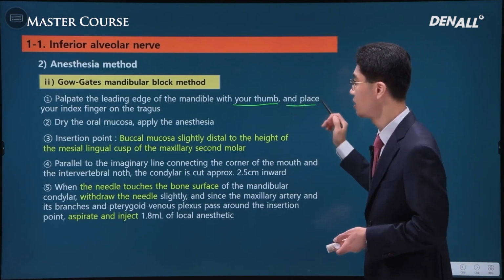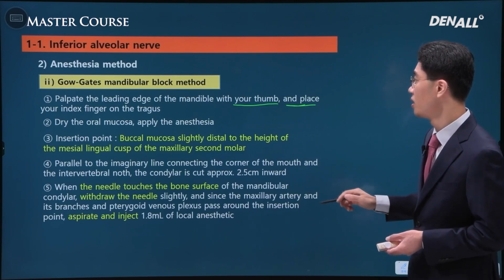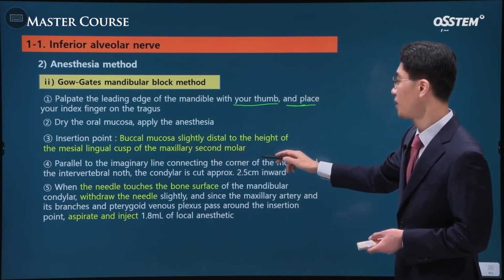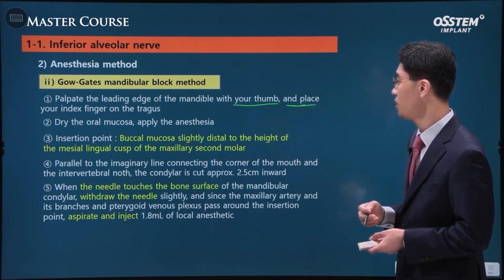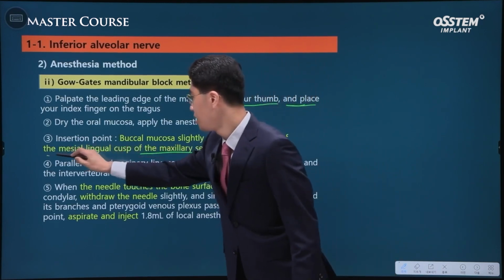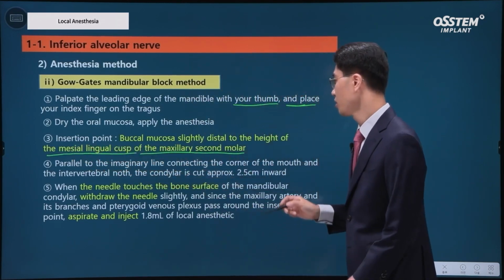Let's look at the insertion point. As shown in the image before, you need to target the buccal mucosa slightly distal to the height of the mesiolingual cusp of the maxillary second molar.